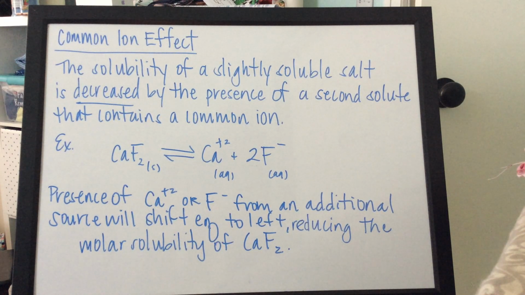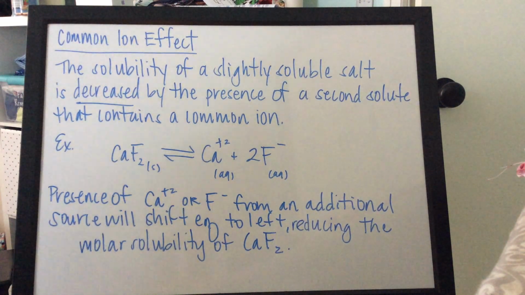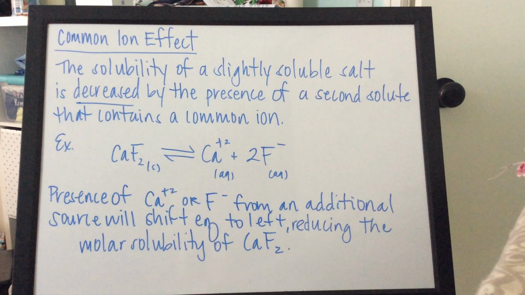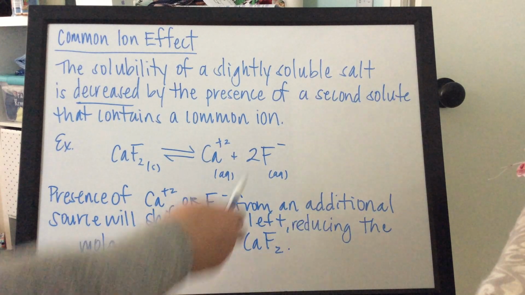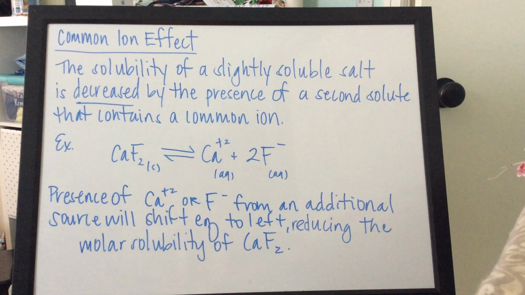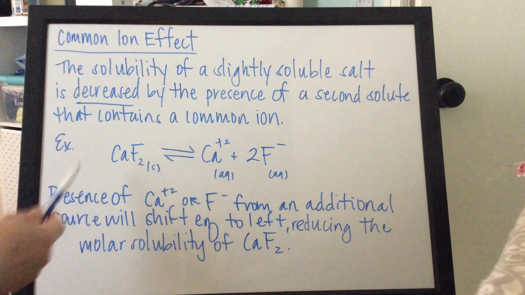the presence of any one of those things from some additional source will increase the concentration of one of my products, which will disrupt the equilibrium. And we know from Le Chatelier's principle that if I have too much of these, it's going to shift equilibrium to the left, causing the solubility to be decreased.